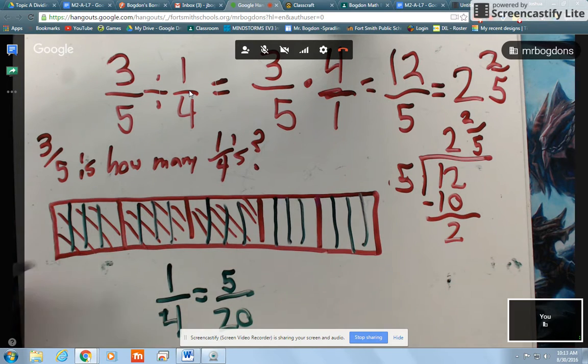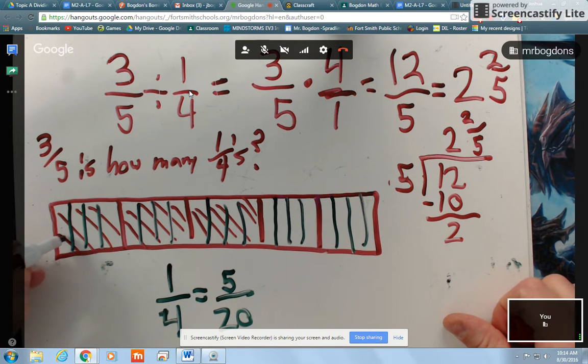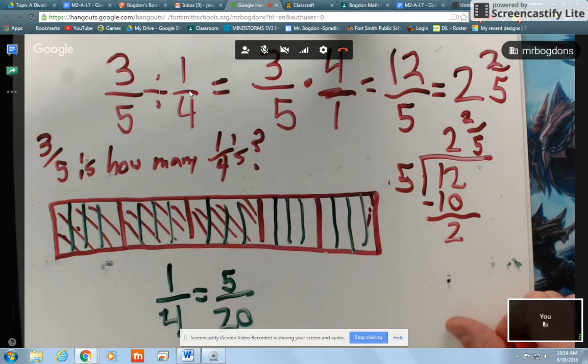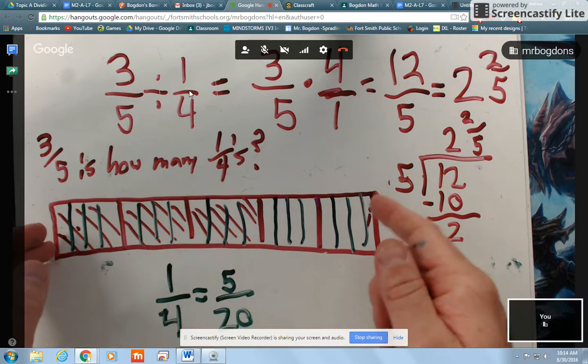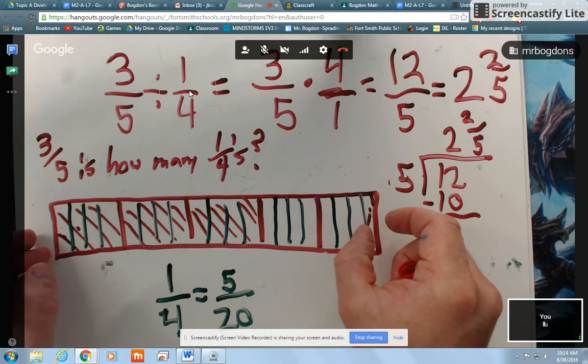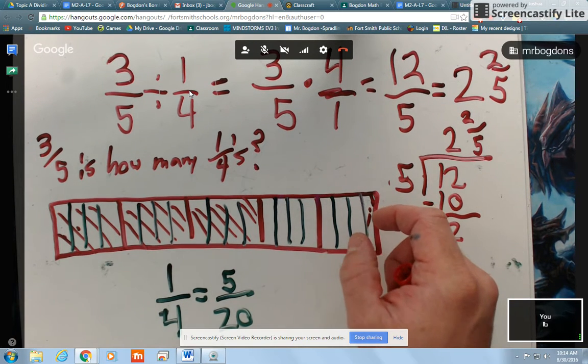So let's look at that. Each one of these pieces is worth how much? Each one of these little tiny pieces is worth 1/20th. Because how many pieces do I have total? 20. So each little piece is 1 out of 20. I can write that as a fraction, 1/20th.